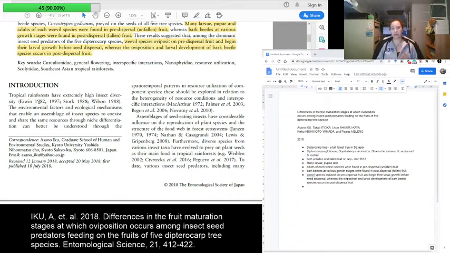But spatio-temporal just refers to in space and time. So at different times and in different places, there are different patterns of what the insects are doing. There might be more adult insects at this particular time in this particular place, whereas comparing summer to winter, there's probably going to be fewer insects.